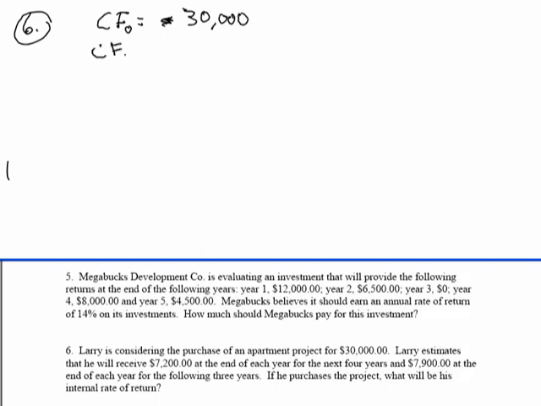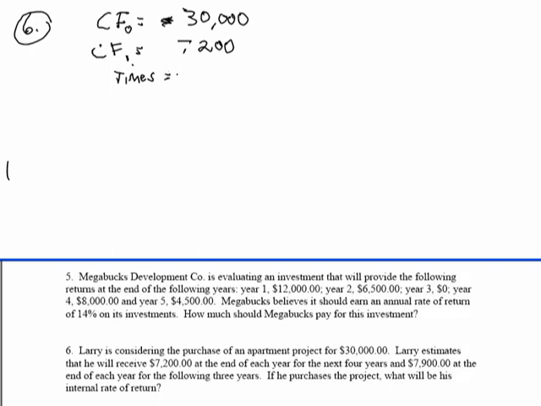Our cash flow number 1 is 7,200. And here's where you can use the times key, or the number of payments key with the cash flow menu. The HP, I think it asks for the number of times, and the default is 1. But going back to the problem, Larry estimates that he'll receive 7,200 at the end of each year for the next 4 years.